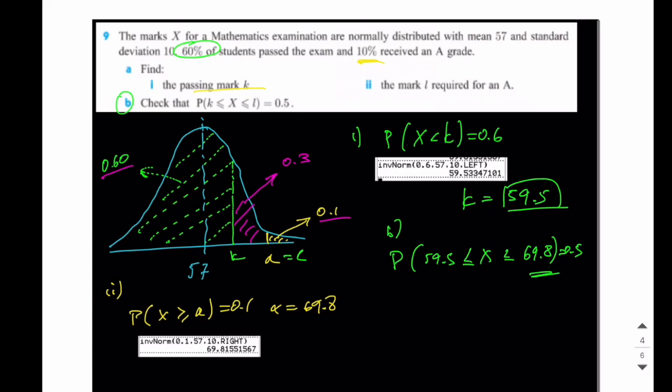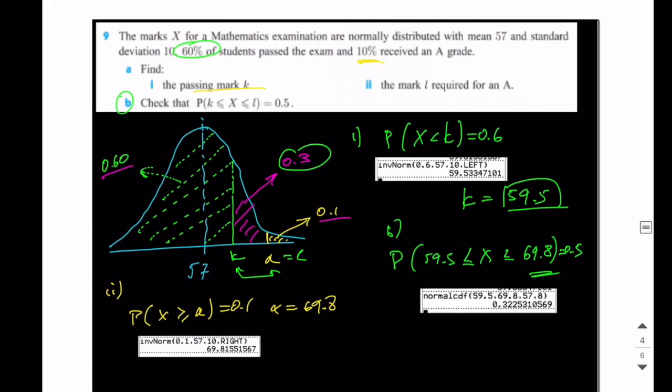This is wrong, because the probability between K and A should have been 0.3. But I will do it with a calculator also. So instead of 0.3 I found 0.32, but this is the error, because I did not use the actual numbers. If I had used 59.5333 and 69.8, I would have gotten 0.3. So this is an error.